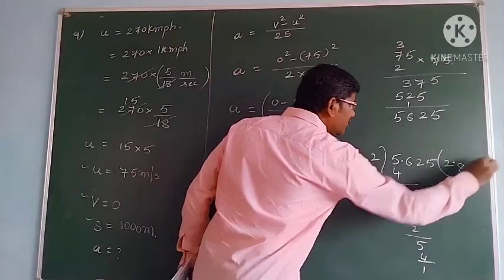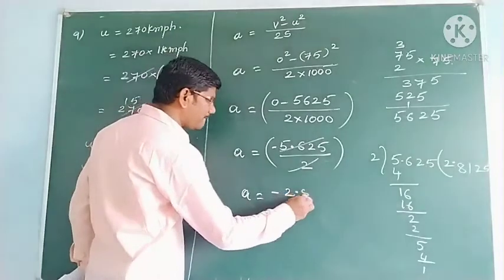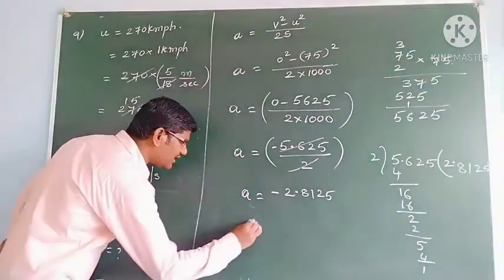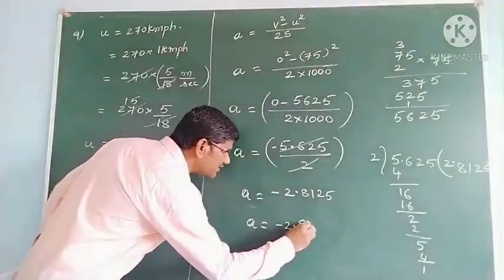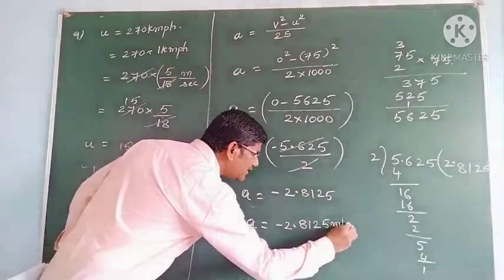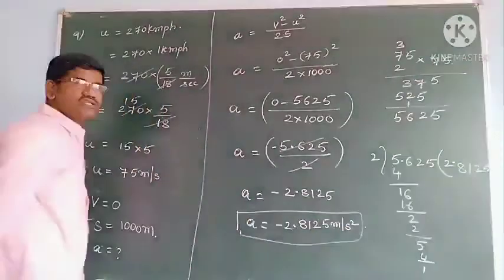So then 2 point, how much will you get? 2.8125. So you are getting retardation A is equal to minus 2.8125 meter per second square. So this is the retardation you are getting.